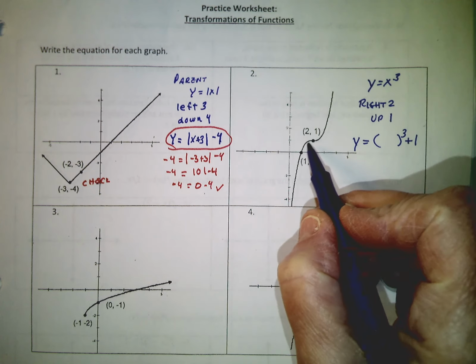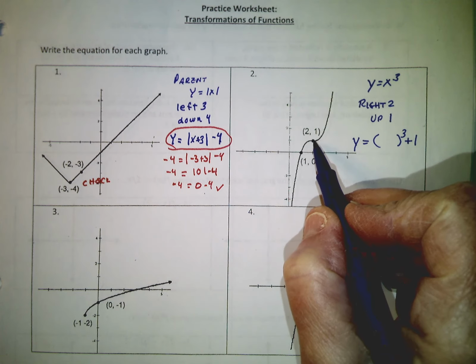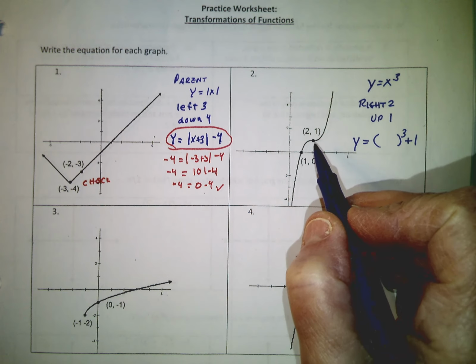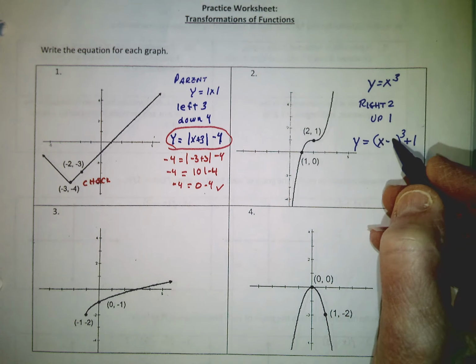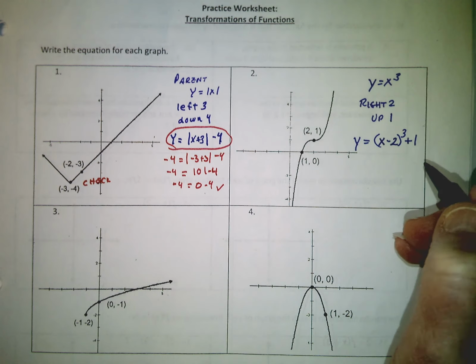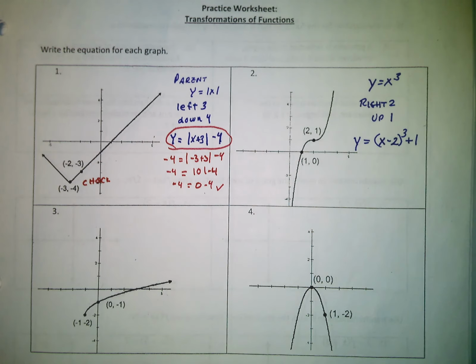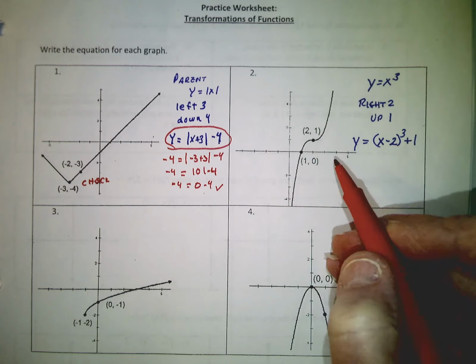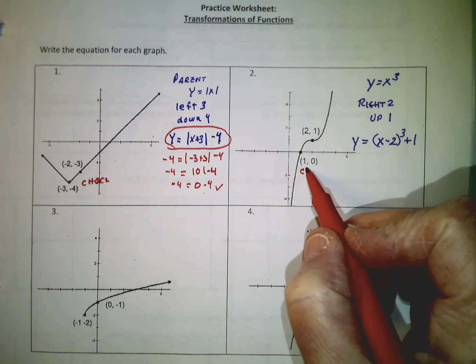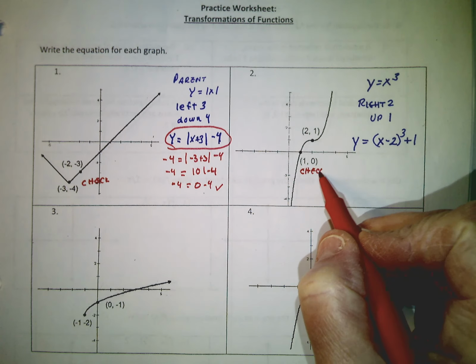X's got moved 2 to the right, which means in order to preserve the y value, what goes in here is going to have to be x subtract 2. Check it out. Can pick either one of these points. I'm going to use the easier one.